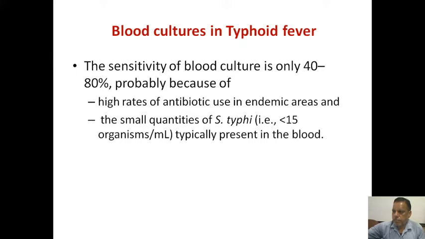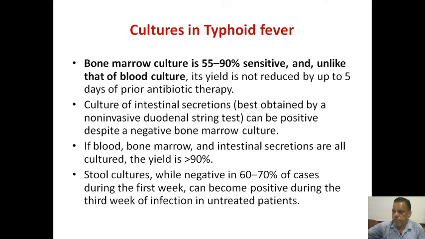So the yield of a blood culture may be low, also because only a small portion of the Salmonella typhi are present in the blood. Most are lodged in the reticuloendothelial system. So blood culture as a tool is very specific, but its sensitivity may be as low as 40%.